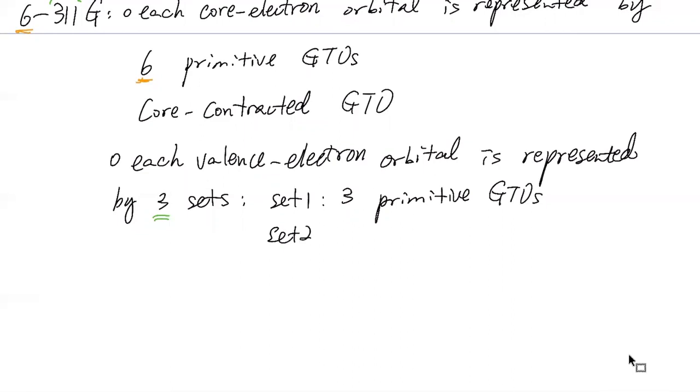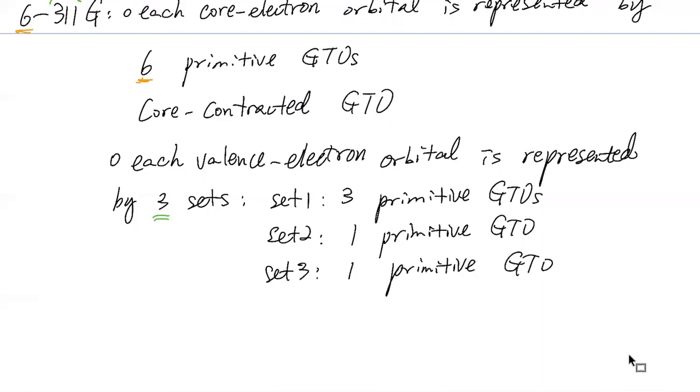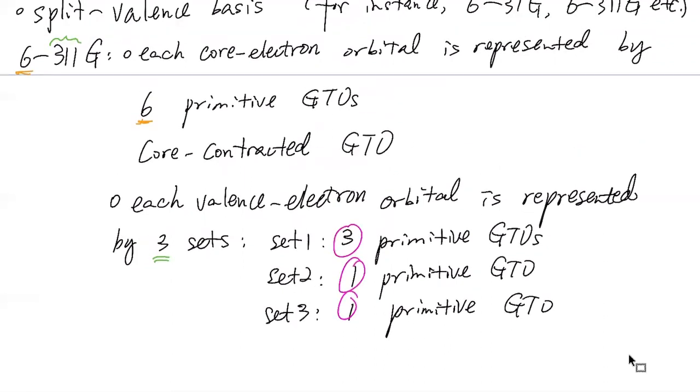Set 2 includes 1 single primitive Gaussian type orbital. Set 3 includes 1 primitive Gaussian type orbital. And therefore, you have the notation 311 here.